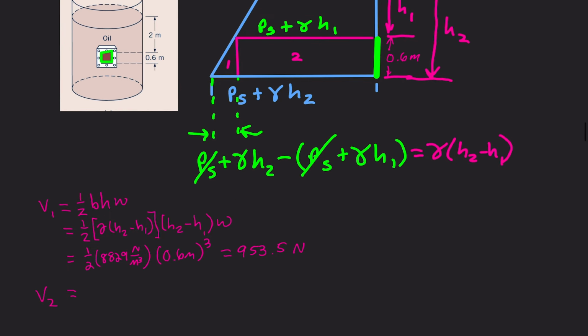It's the base times the height times the width. Base, height, width. The base is PS plus gamma H1. The height is H2 minus H1. And the width is, we'll call it H2 minus H1, but we know it's 0.6.